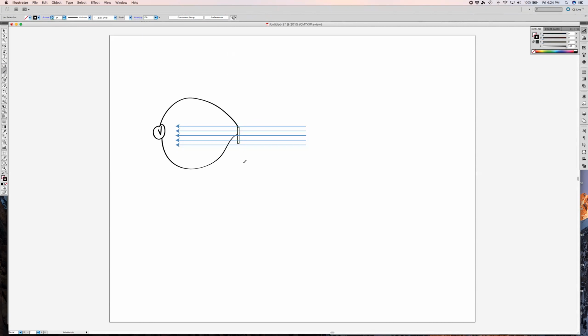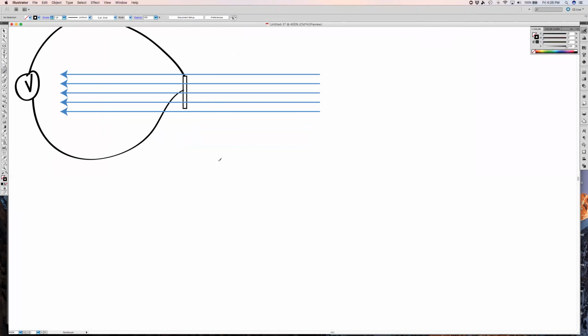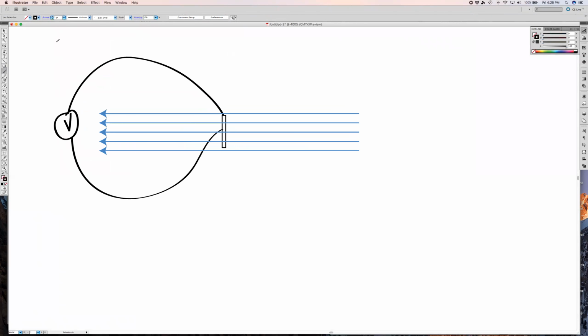This question is exactly what we've been learning about: if you have a disk rotating in a magnetic field, there's going to be a voltage generated between the center of the disk and the circumference. That is the concept.